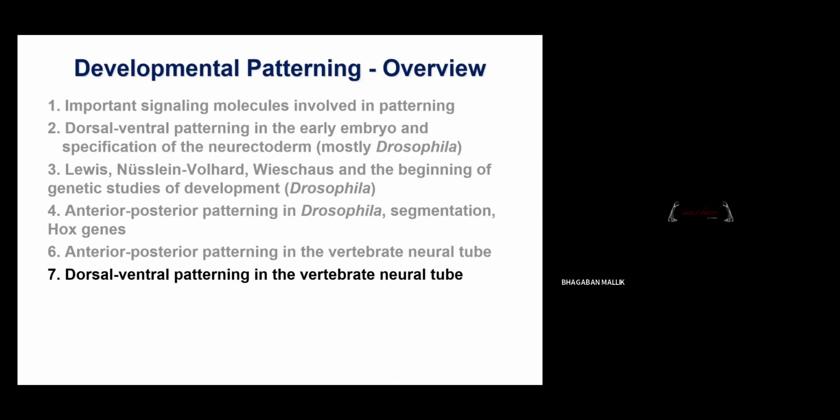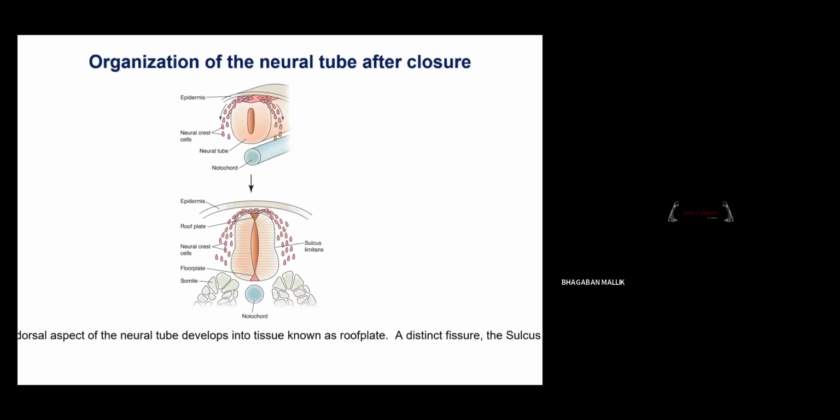Okay, now we'll move to the next section, which is dorsoventral patterning of the vertebrate neural tube. This is just to show how the neural tube looks after closure. After gastrulation, you have neural tube closure, and these are the different structures present in the neural tube.